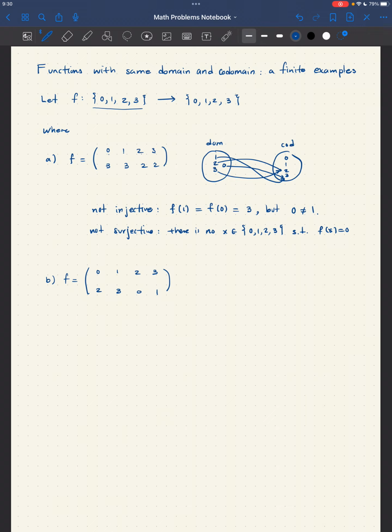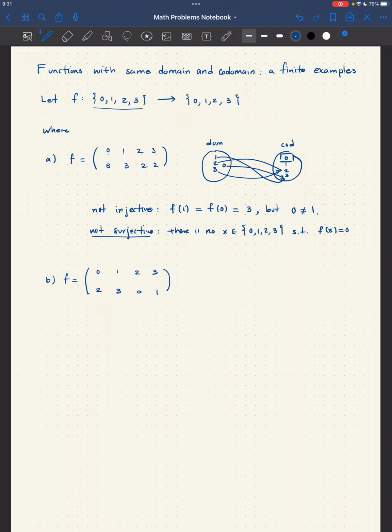In other words, I'm looking at this particular element of the codomain and I see that there is no arrow pointing to it. That tells me that the function that I'm describing here is not surjective.